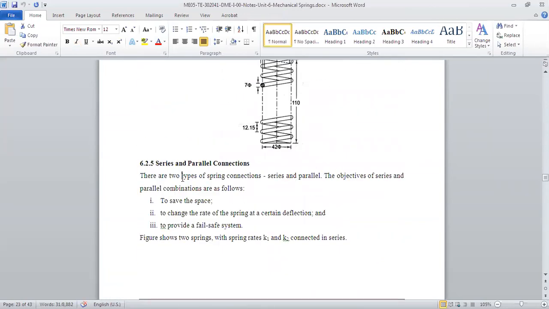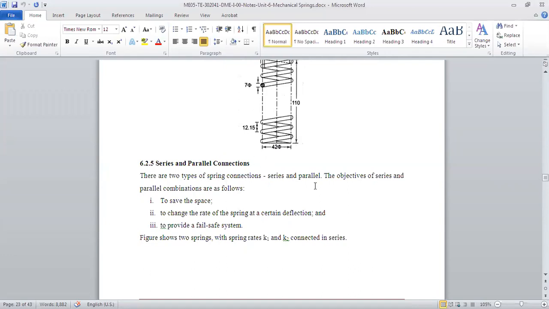Now today we'll go through more advanced types of springs, basically series and parallel connections of springs. The applications we have seen till now use the deflection or the stiffness of the spring.